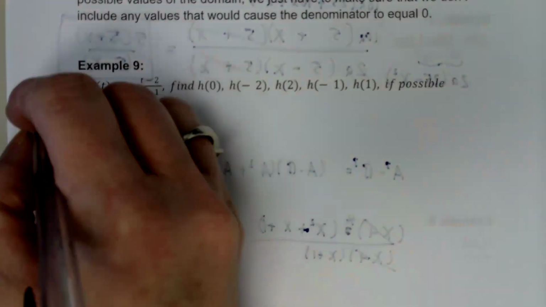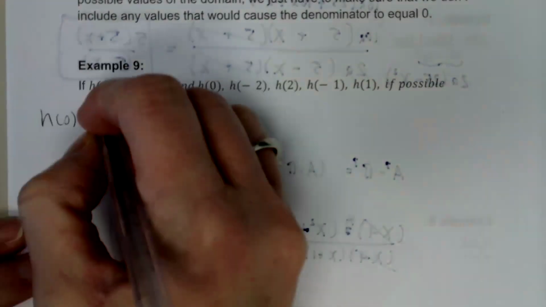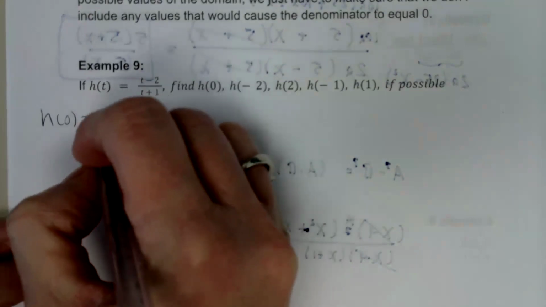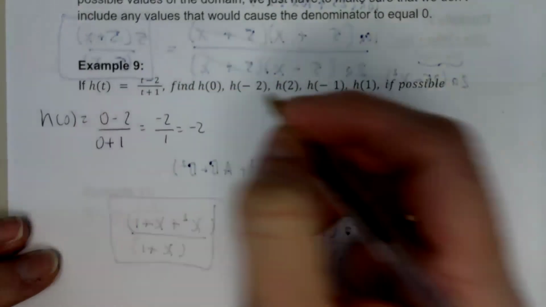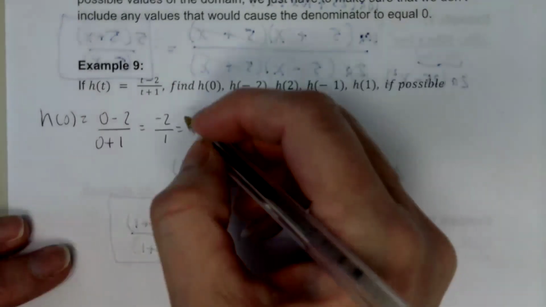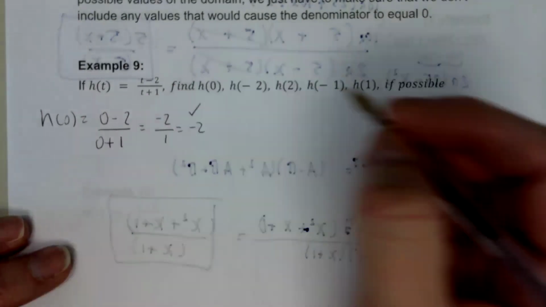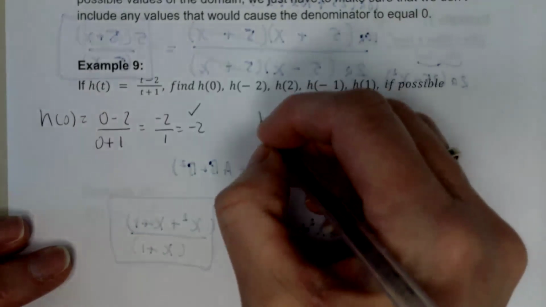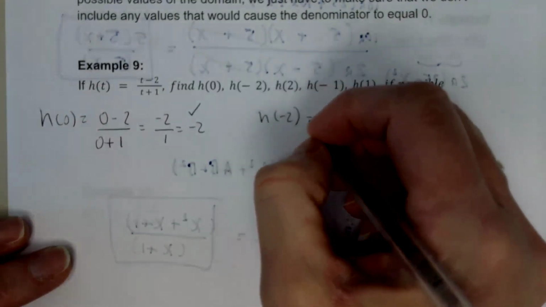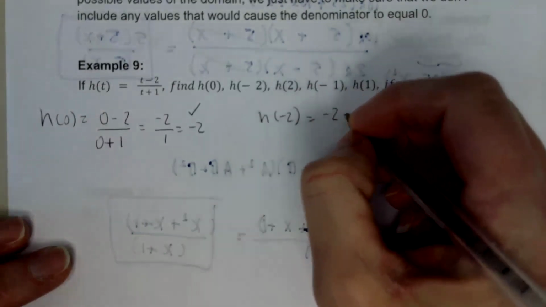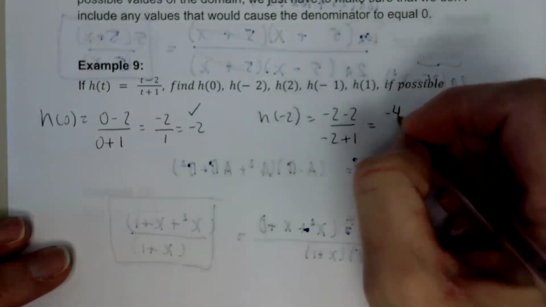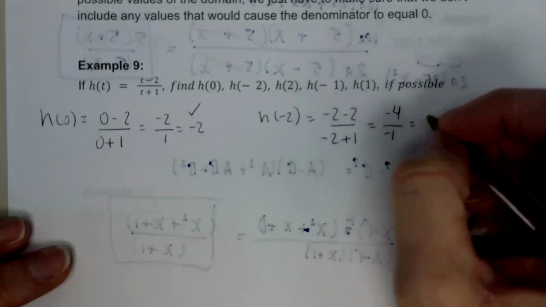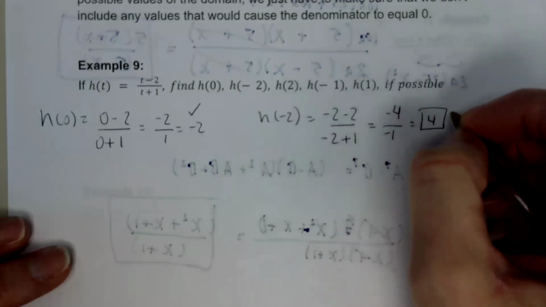So we have h of 0, which means I'm going to put 0 in for t, and I get a negative 2. So that one's good. And then if we put in h of negative 2, we'll have negative 2 minus 2 over negative 2 plus 1, which gives us a negative 4 over a negative 1, or positive 4.